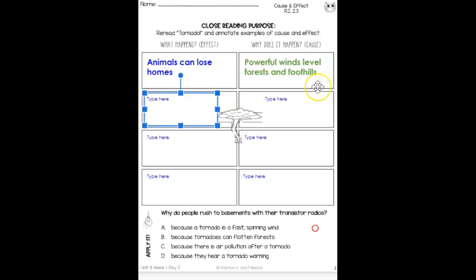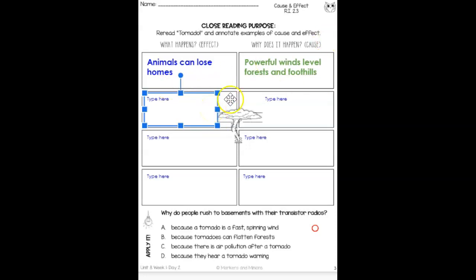That is much better. So sometimes you may have to go back in the text even though you think, oh, I know for sure that's what it is. It's very important that you go back and double check yourself because there may be a better answer, and that's what we did here.